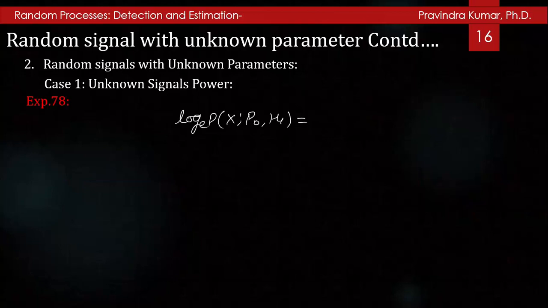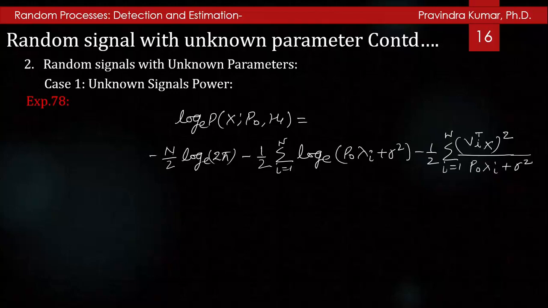So the log of the PDF under hypothesis H1 is this expression. And here V transpose x is the column matrix V1 transpose x, V2 transpose x, up to Vn transpose x.